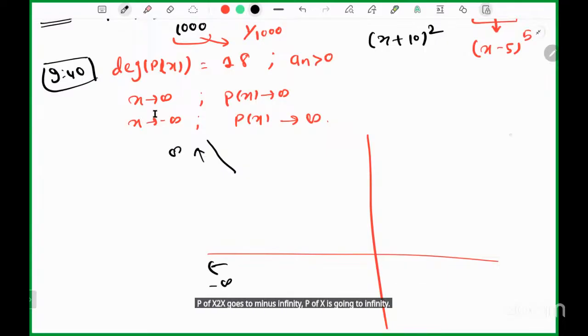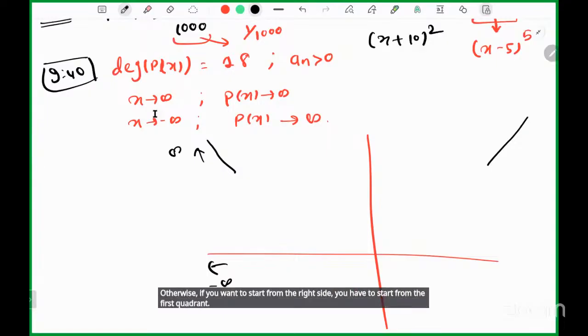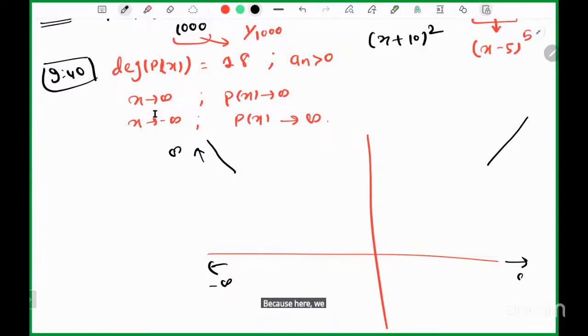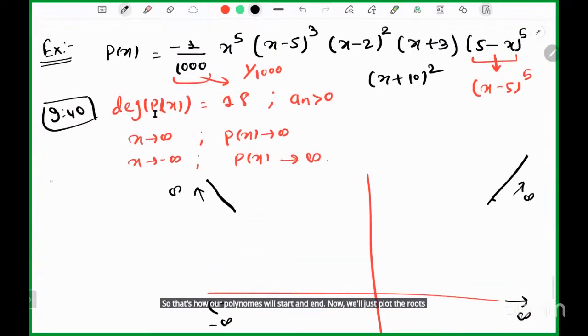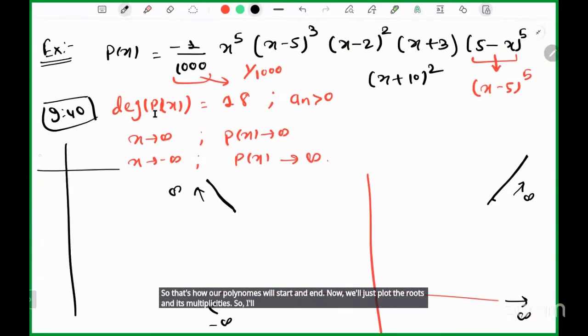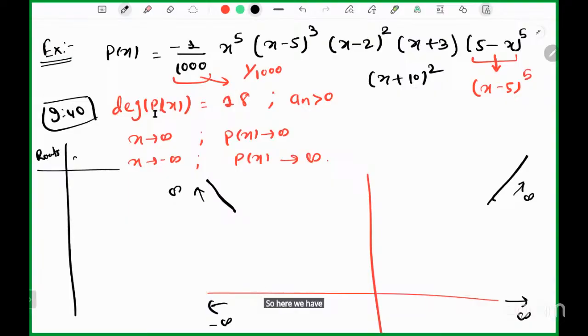Or else if you want to start from the right side, you have to start from the first quadrant, because here we have the scenario when x goes to infinity, p of x is going to infinity. So no matter which side you start, the graph will be similar. Okay. So that's how our polynomial will start and end. Now we'll just plot the roots and their multiplicities. So I'll make columns. Here we have roots. Here we have their multiplicities.